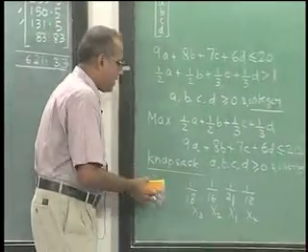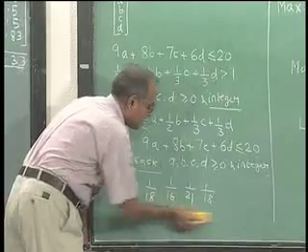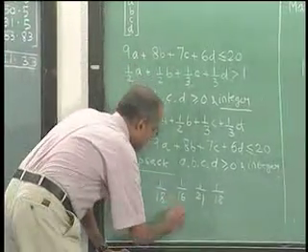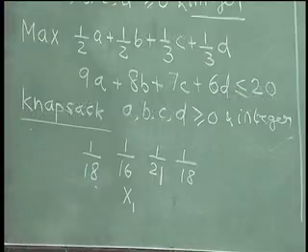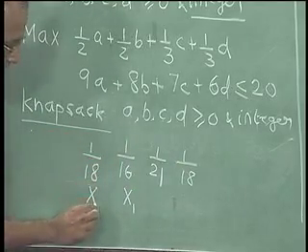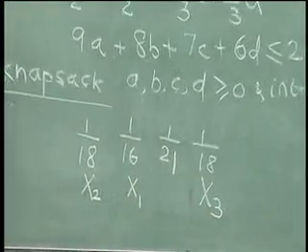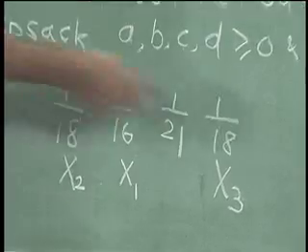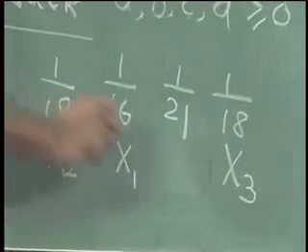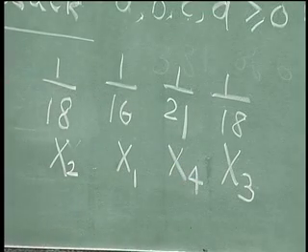Now, we renumber the variables based on the decreasing value of these. So, 1 by 16 is the smallest. So, this becomes variable x1. 1 by 18 is the next smallest. So, we call this as x2 and we can call this as x3. We may also choose to call this as x2 and this as x3, and it does not matter. And 1 by 21 being the smallest will now be called as x4.